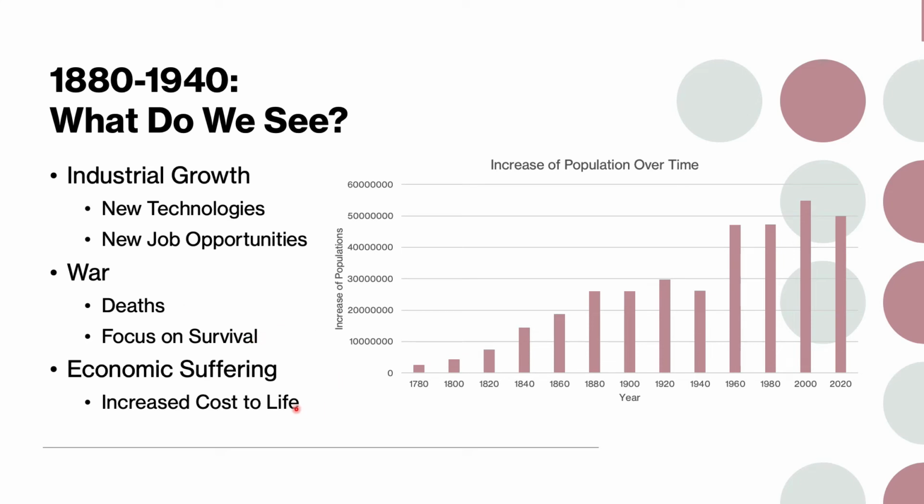And economic suffering increases the cost of life. Those who cannot survive with the cost of life could die. Those who cannot afford to have children most likely would not, resulting in that decline of population growth from 1920 to 1940. So we have that stabling out period here between 1880 and 1940. There really is something going on here, and that's war and economic suffering.